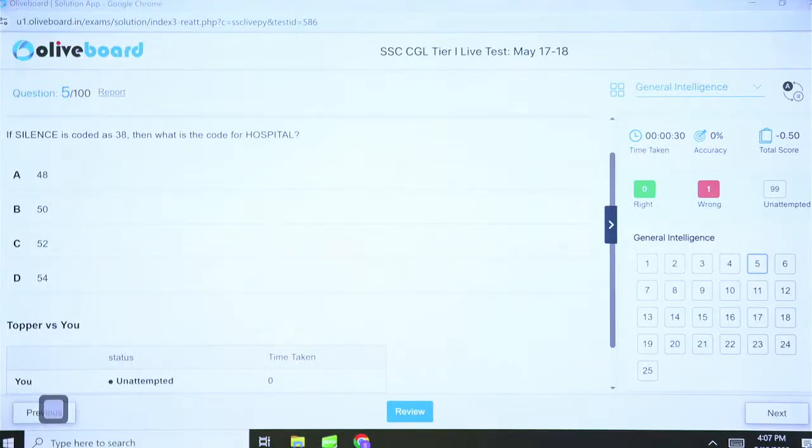This needs to be thought about. Reverse coding, will it give us the answer?